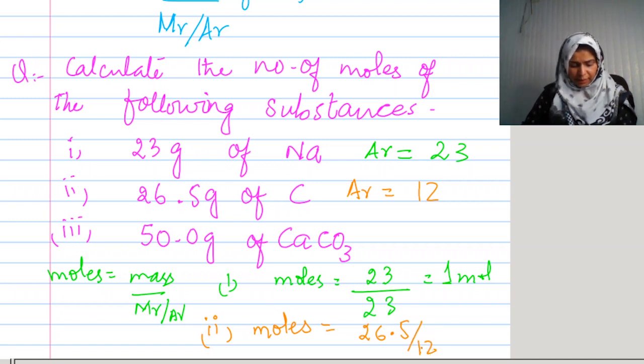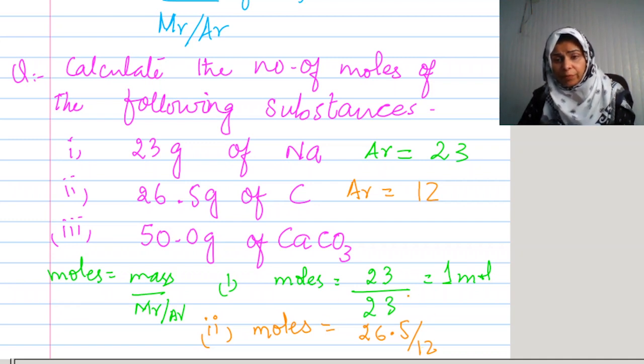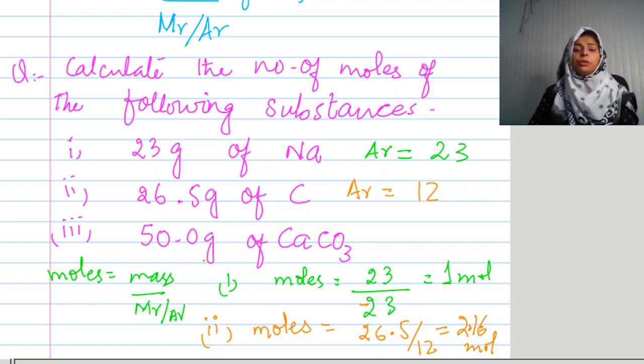The answer is 2.166, so 2.16 mol is the answer. This is the way through which we will do this.